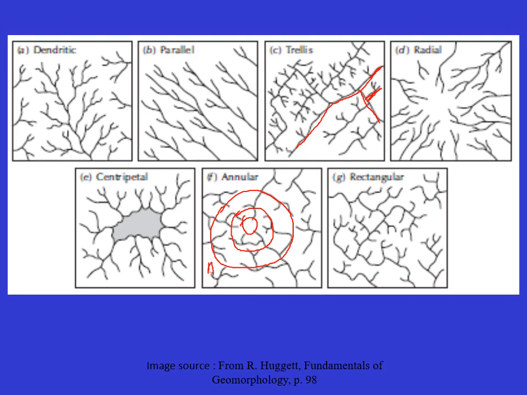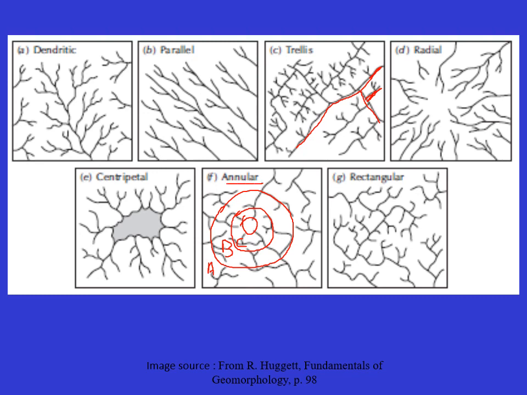Suppose one rock type is A, then B, then C. So all these rock types are exposed to natural agents. Due to their difference in lithology, they suffer differential erosion. So for that, the stream channel network forms a circular pattern, which is known as the annular pattern.